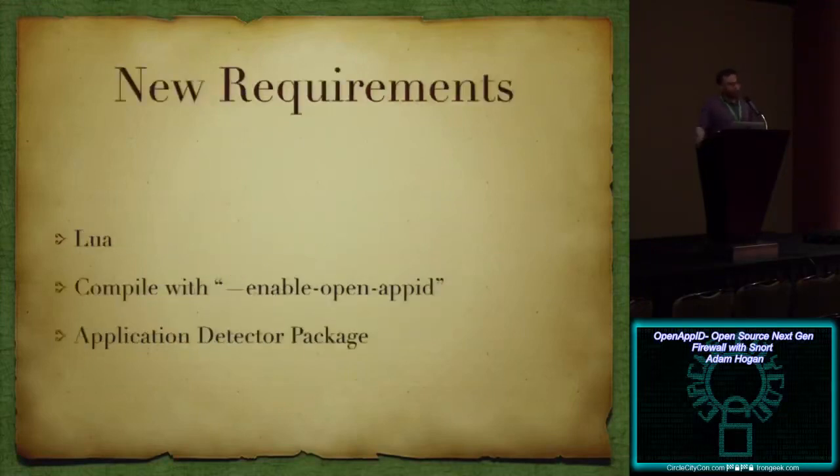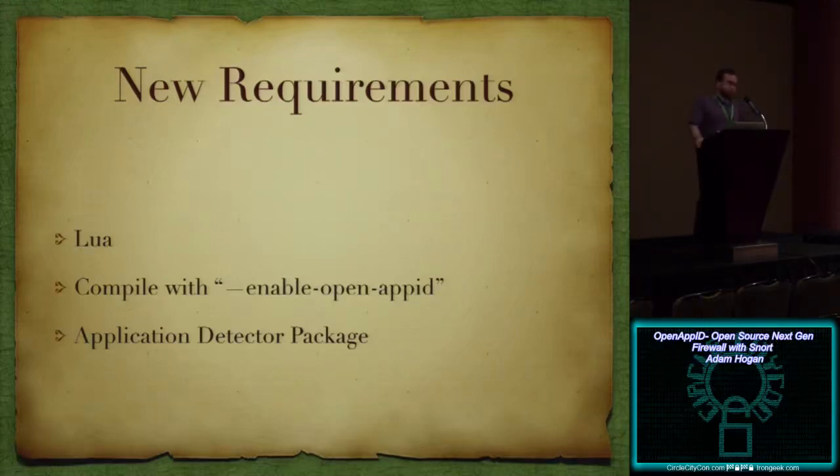What is new is that you have to have Lua libraries installed. The application detector scripts, or at least most of them, are written in Lua, so we need to have those libraries. So when you compile Snort now, it's one of the bigger changes as far as getting this up and running. You need Lua installed, and then when you compile Snort, we add the enable openappid flag, right? Then you also need the application detector package.